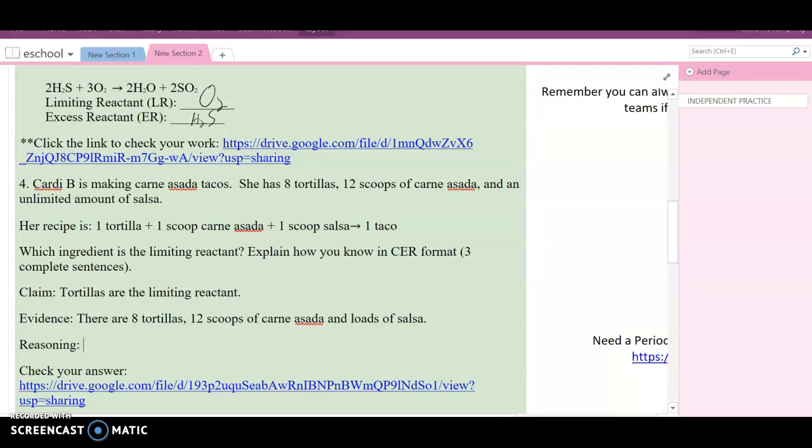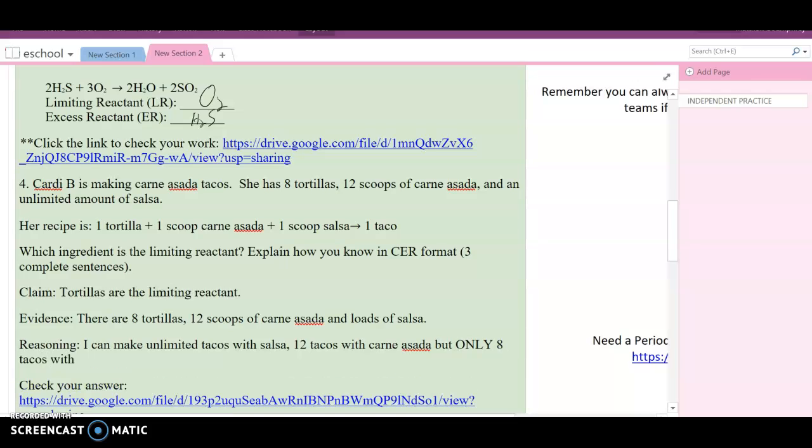My reasoning is I can make unlimited tacos with salsa, 12 tacos with carne asada, but only 8 tacos with tortillas.